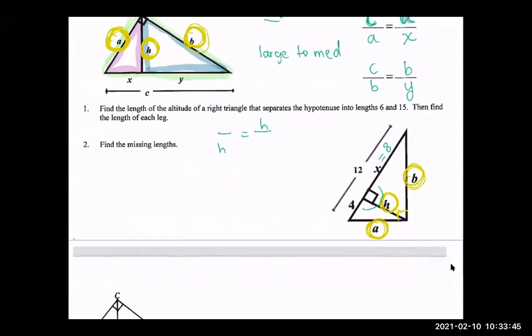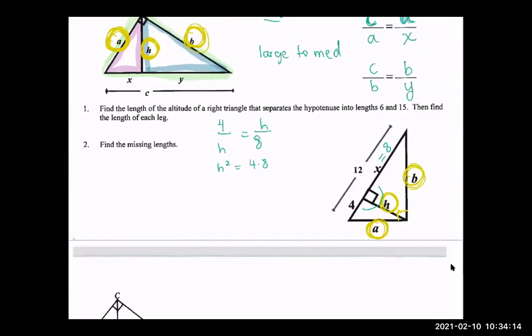And I think of it as, it's always like these pieces over here. The geometric mean between this piece here and this piece here. So the pieces of the hypotenuse, the 4 and the 8, a rainbow going across like that. So 4, H, 8. Okay, so 4 and 8. So go ahead and put 4 and 8 here. So when we multiply, we get H squared equals 4 times 8.